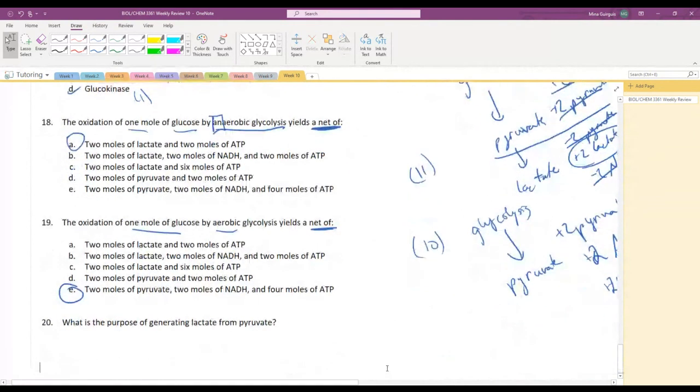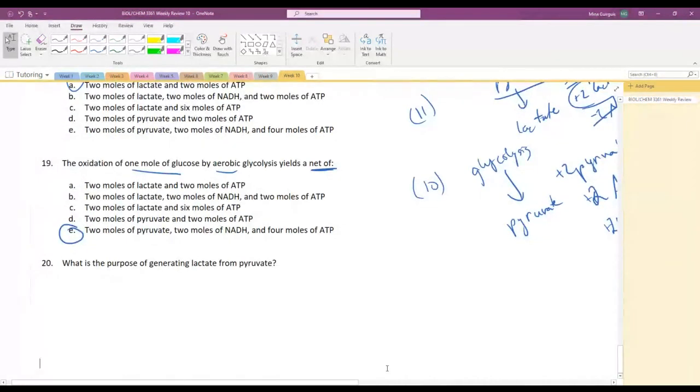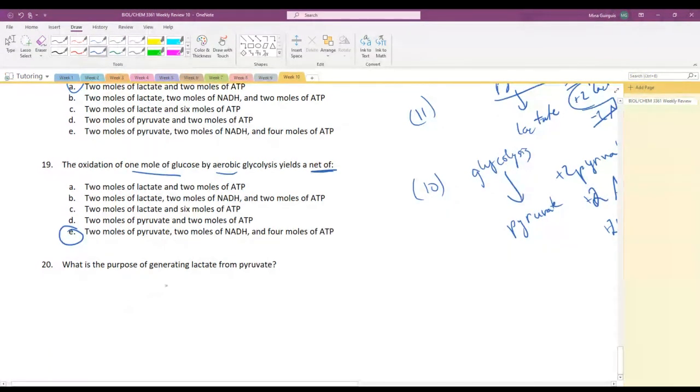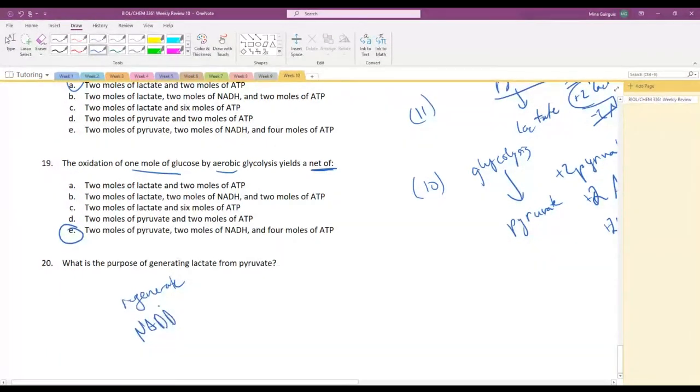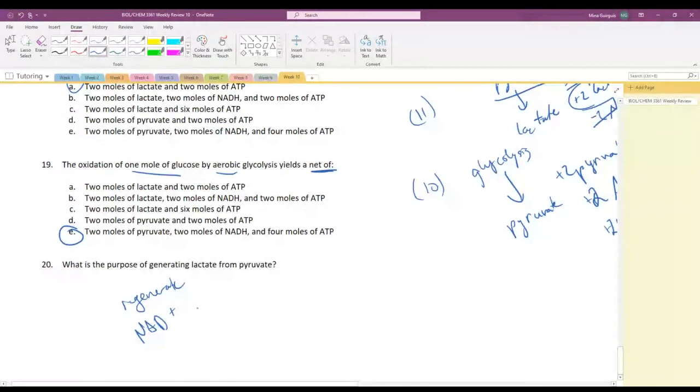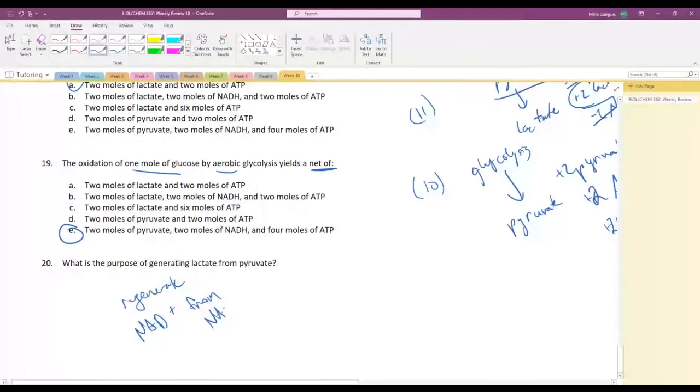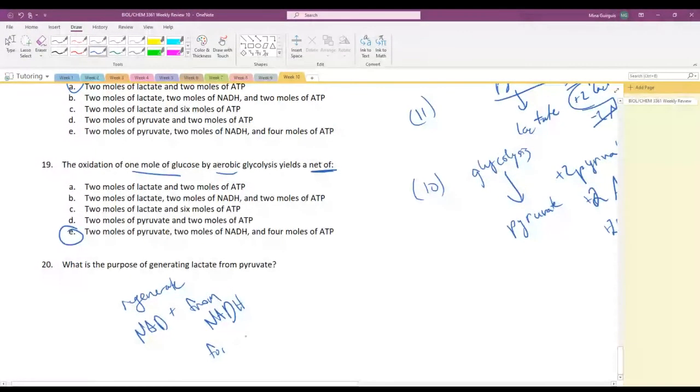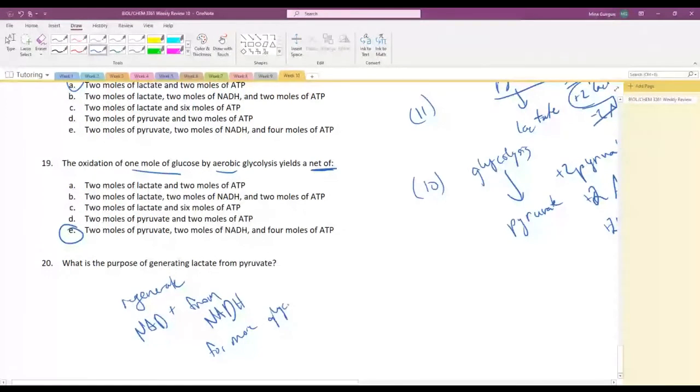What is the purpose of generating lactate from pyruvate? I did talk about this briefly, but I want to re-emphasize this because I think it's really important. It helps us to regenerate NAD plus from NADH for more glycolysis.